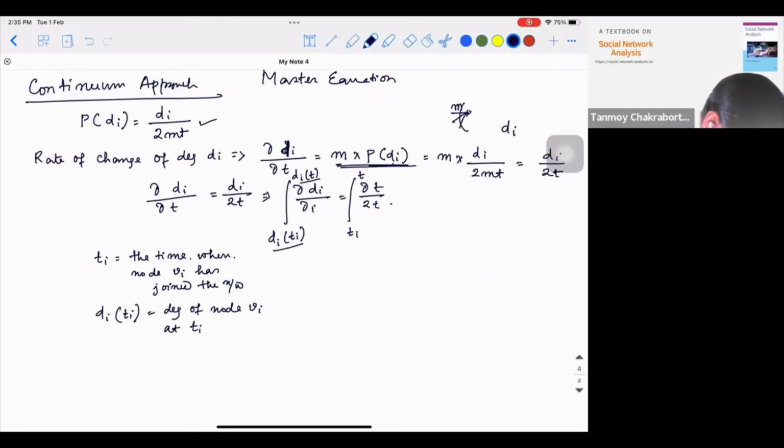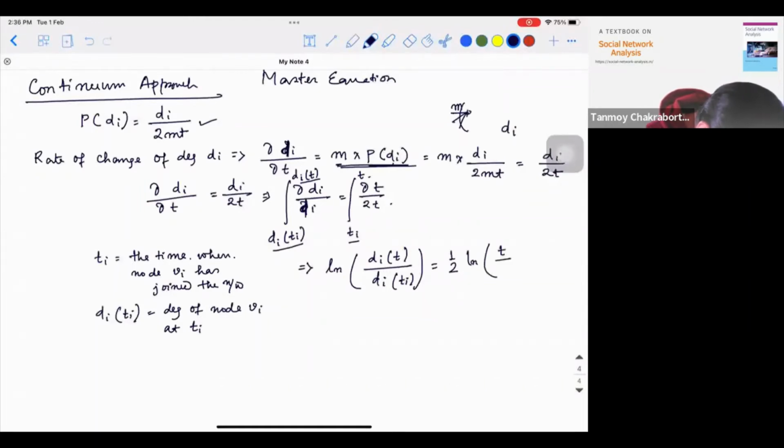Okay, so this is the degree of node vi at ti, and this is the degree of node vi at t. So therefore we integrate the time from ti to t, right? If you do this, you will have ln di(t) by di(ti) equals to half ln t by ti.